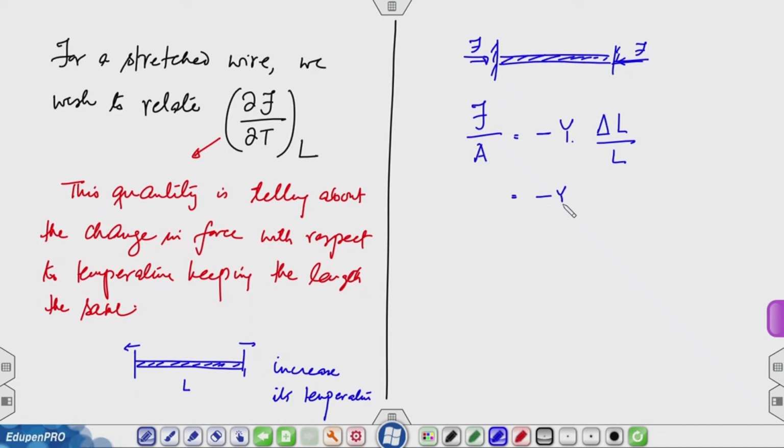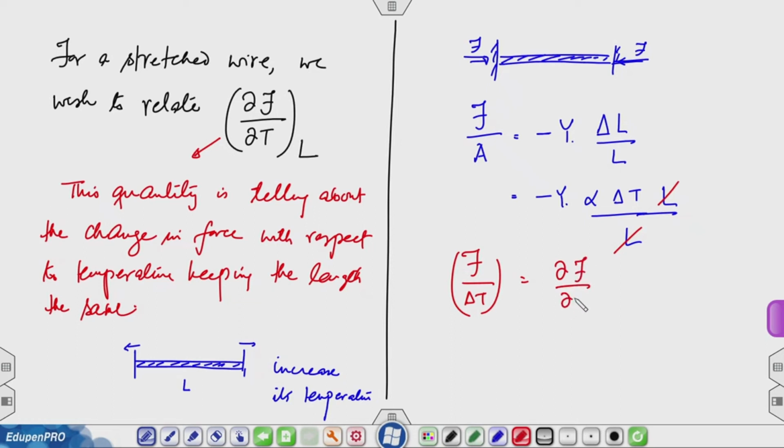So this is minus Y, delta L is alpha delta T times L divided by L. So this L cancels. So the force divided by delta T, which I'll say is delta F over delta T, keeping the length the same, is minus Y times area times alpha. This is what you have done in your JEE.